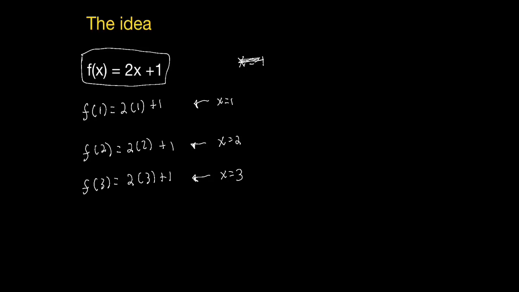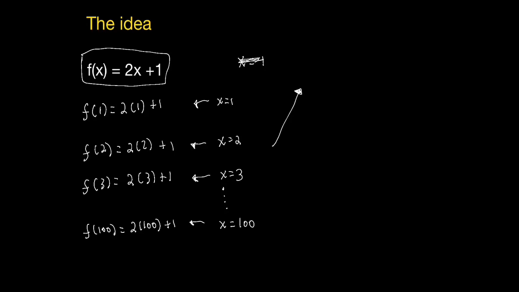Again, I'm not interested in the solution, I'm interested in discovering a pattern here. So let's do it at x equals 100. Now we get f of 100 equals 2 times 100 plus 1.